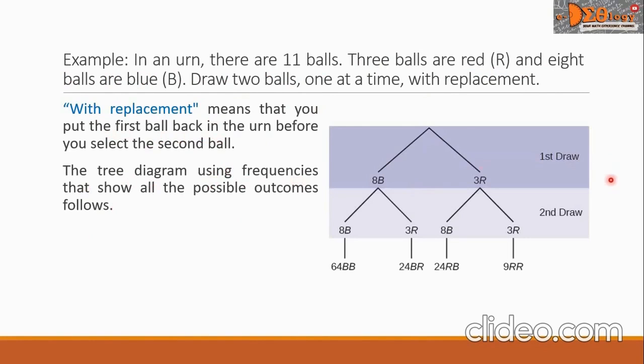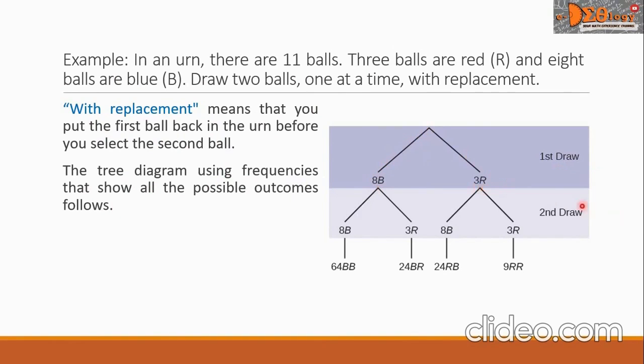This is an example of a tree diagram. This level is considered to be the first draw, where there are 2 branches. The first branch represents the 8 blue balls. The second branch represents 3 red balls.